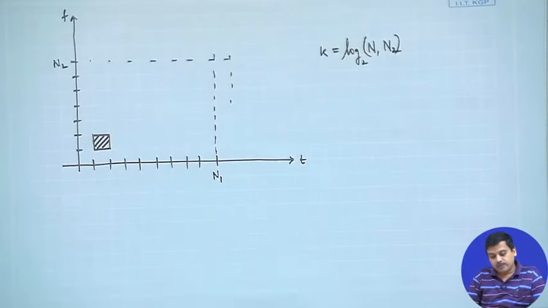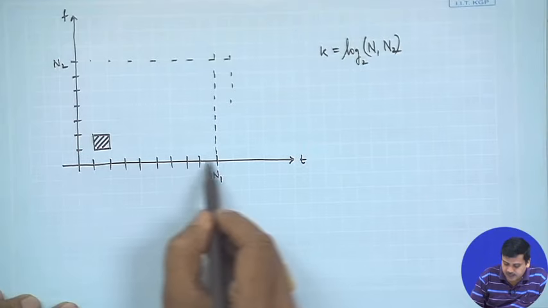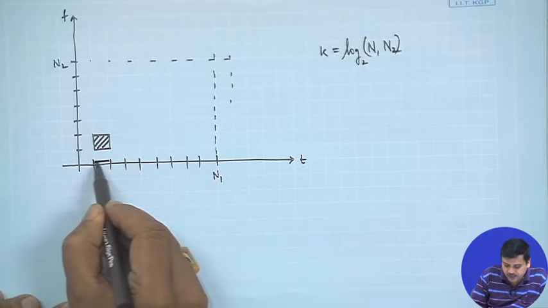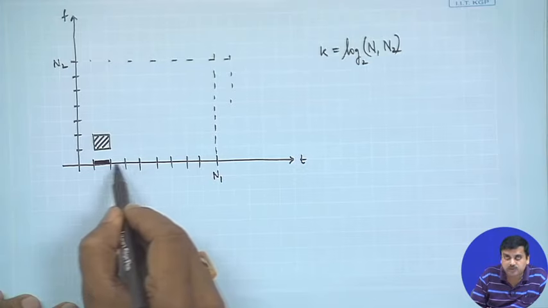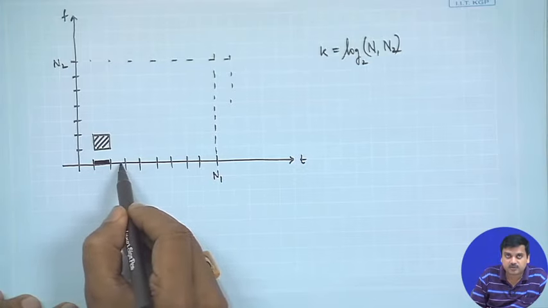Now, one might have a question: how different is this from having M1 amplitude selections and M2 phase selections as we did in QAM? If you look at the signal space diagram, there we had two basis functions, the cosine and the sine. Here we have a different thing. If you look at this time dimension, this unit of time is orthogonal to this unit of time, because it is not present over here.